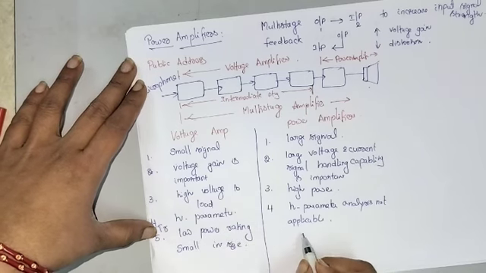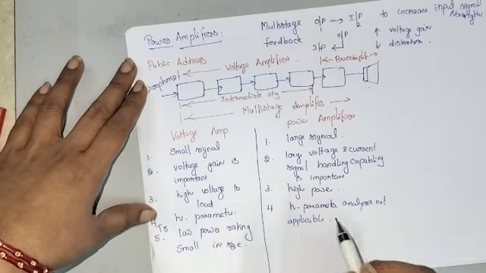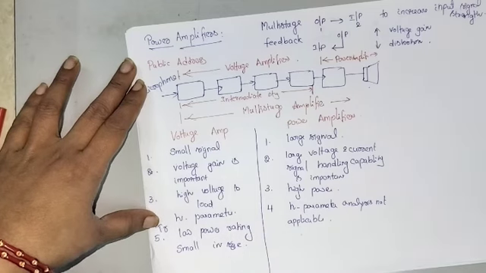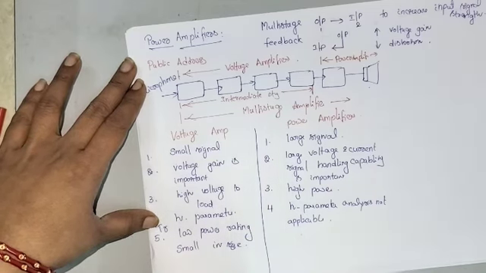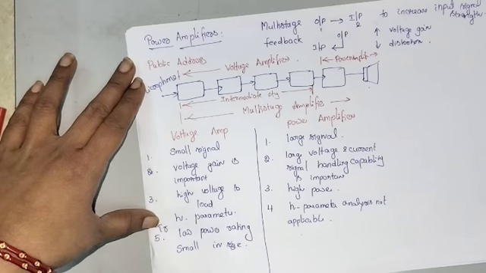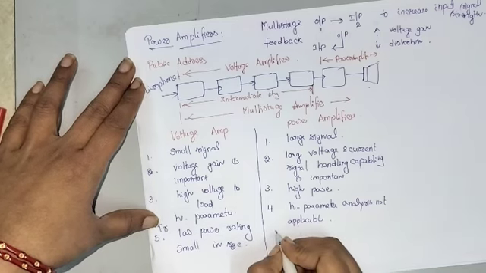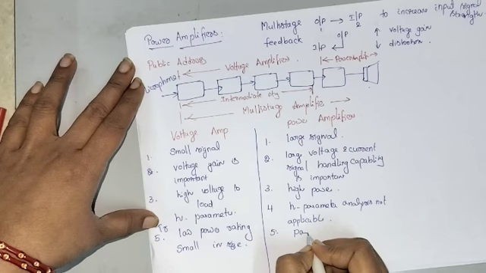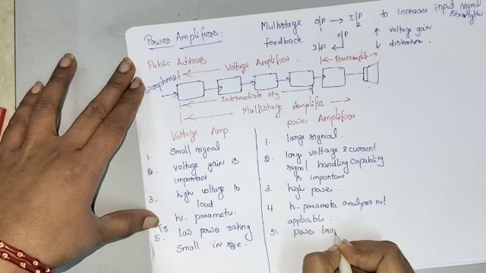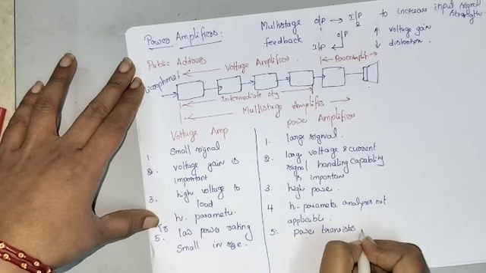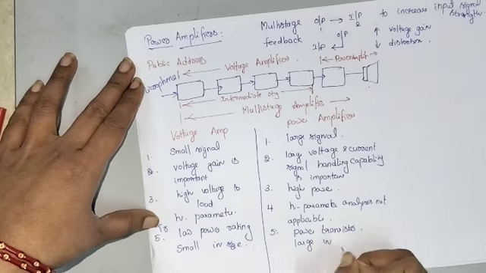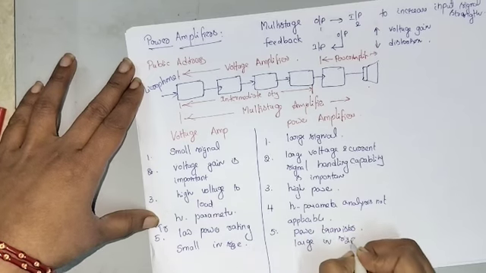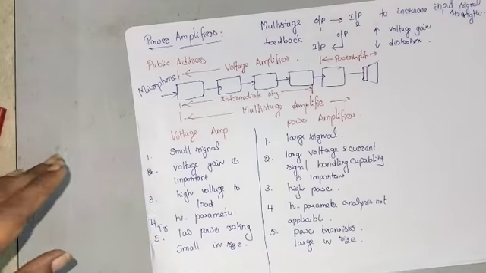Due to the large power handling capability, the main function of the power amplifier is to deliver maximum AC power to the load. So the transistor used is a power transistor, which is generally large in size, having large power handling capability.